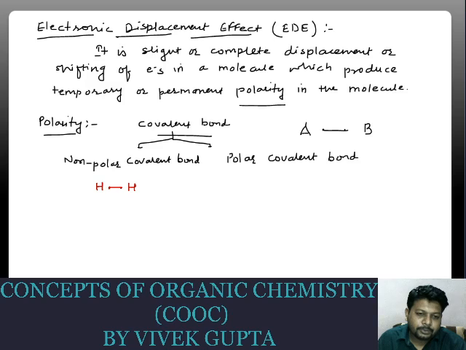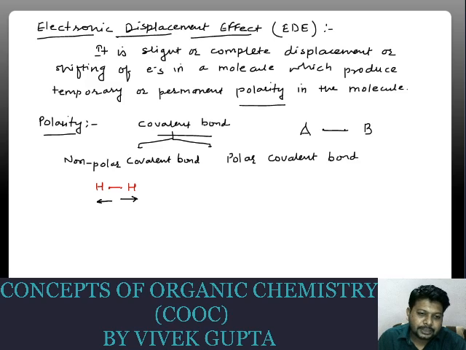So there will be equal force working on this bond pair from both the sides. Means this hydrogen will pull the bond pair in this way and this hydrogen will pull this bond pair in this way, but the force will be equal in magnitude but opposite in direction.